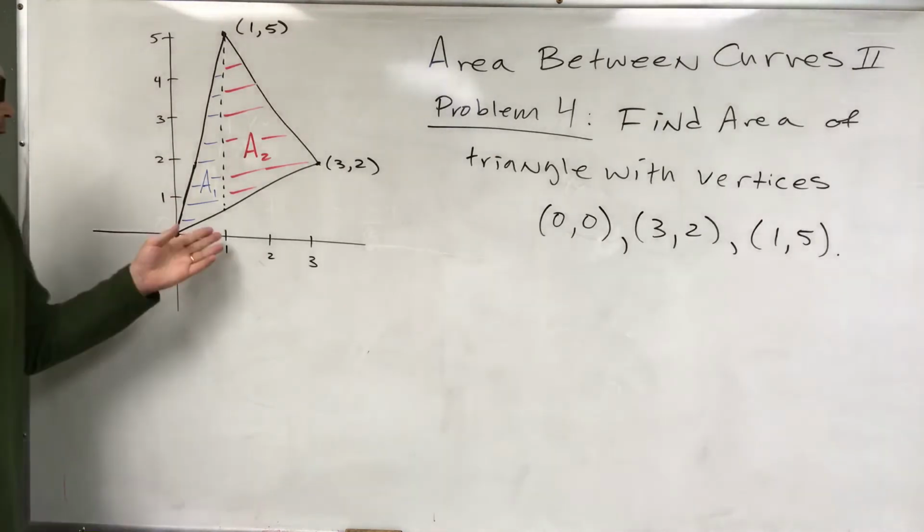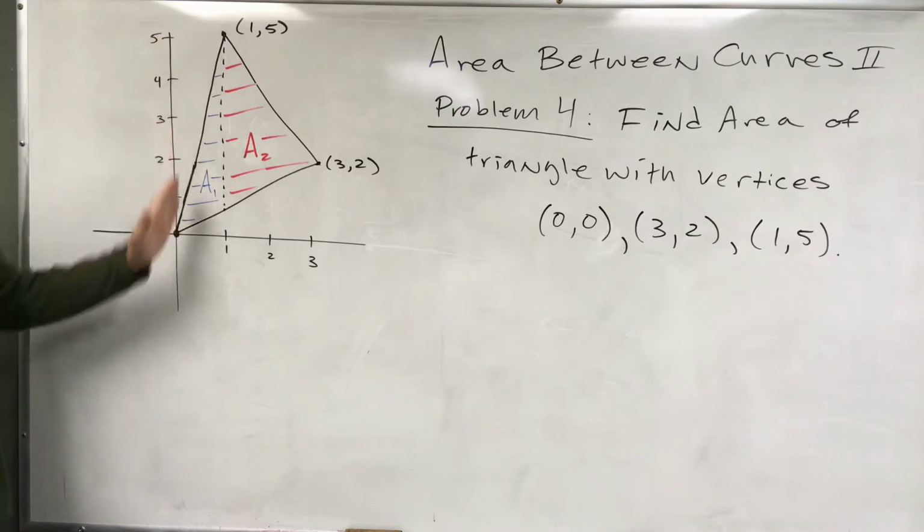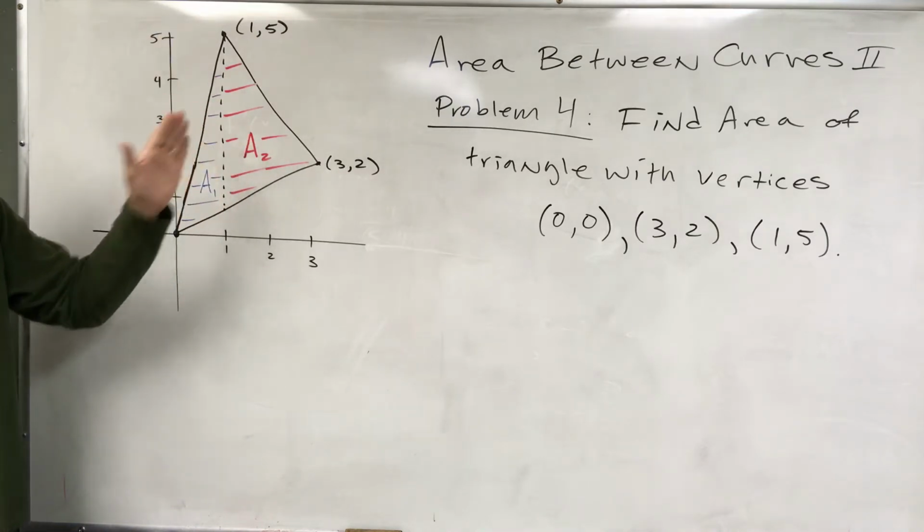Now you can see that I've separated this triangle into two pieces. Area 1, that's the blue, and area 2 is the red.